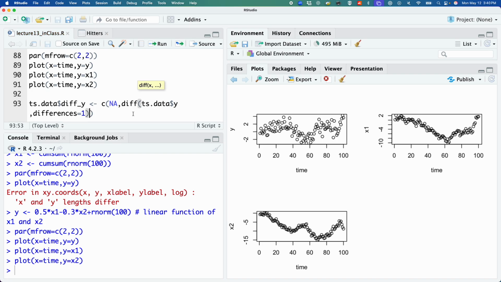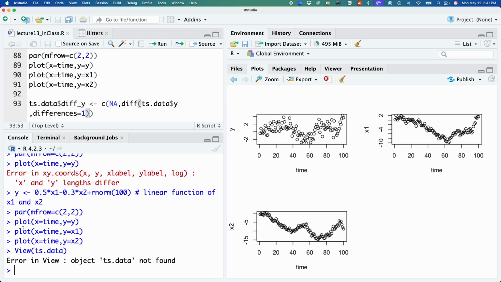Okay. So I'm using this function called diff, and then I put in a vector, right? And so in the original data frame, which is, let's do this, view TS data.